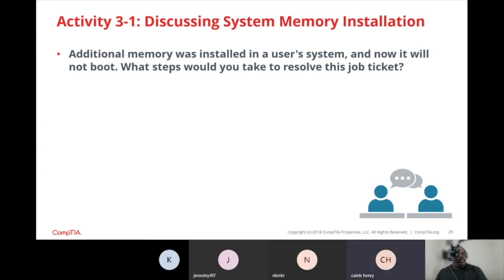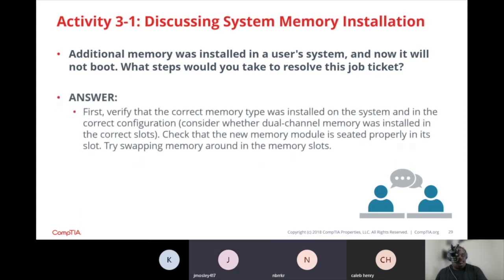So additional memory was installed in the user system. Now it will not boot. What steps would you take to resolve this ticket? Remove the added memory. First, verify the correct memory type was installed, the correct configuration, and consider dual inline memory channel.